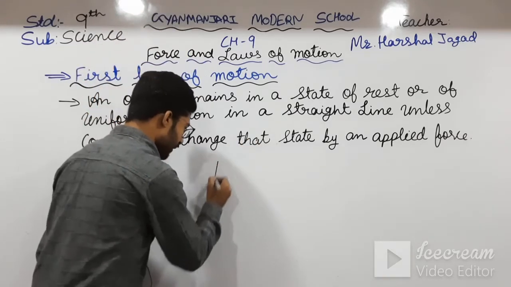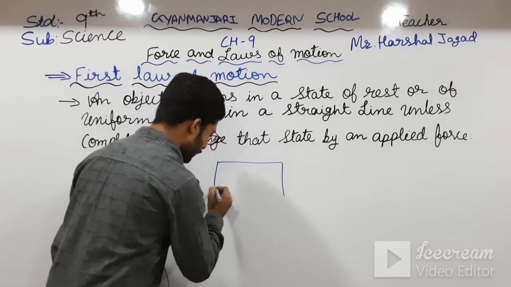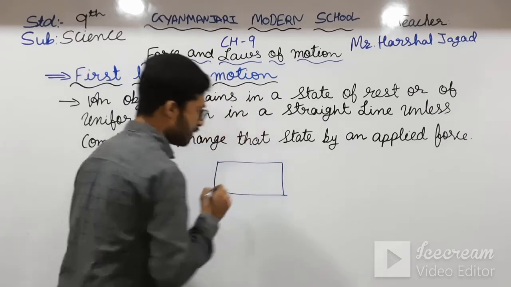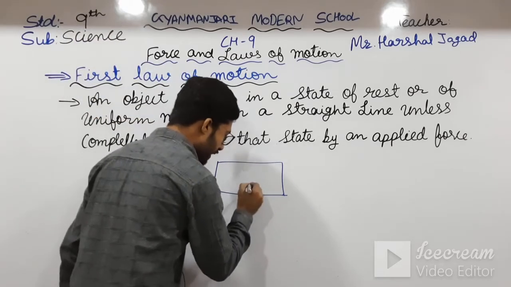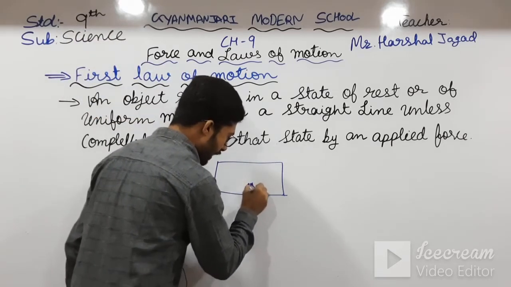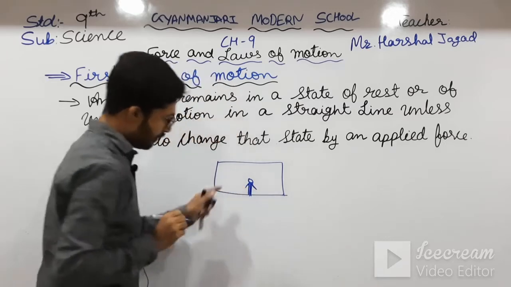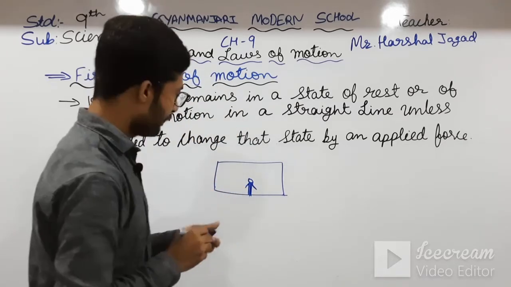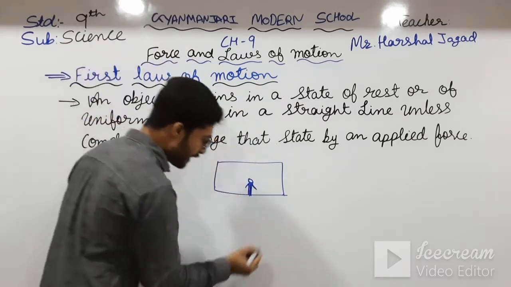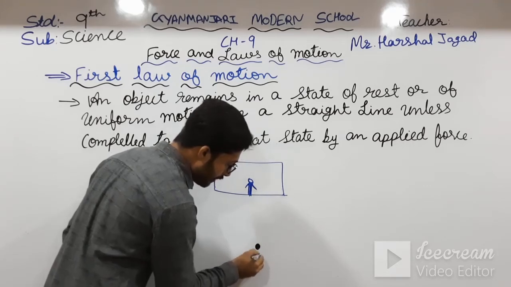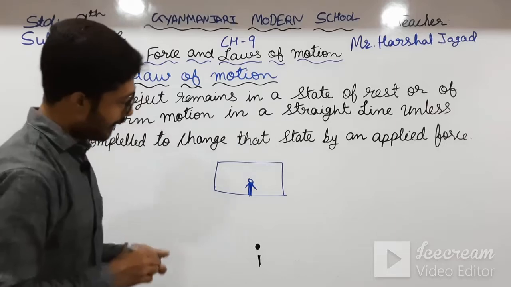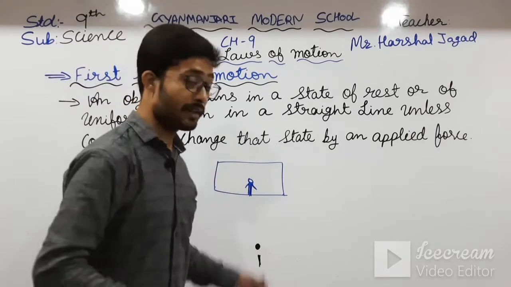Here is a goal post, here the goalkeeper is standing. I don't draw very well, and here is the ball, and here you are standing, and you just have to score the goal.